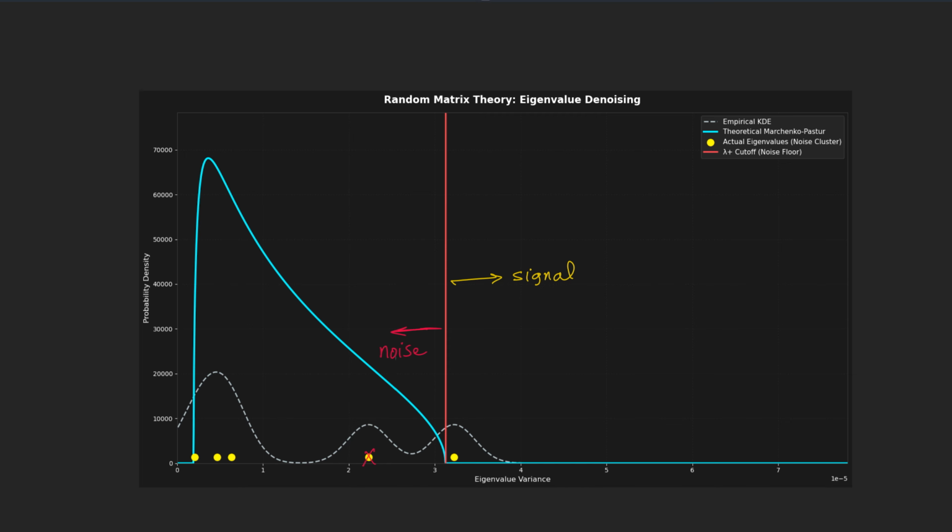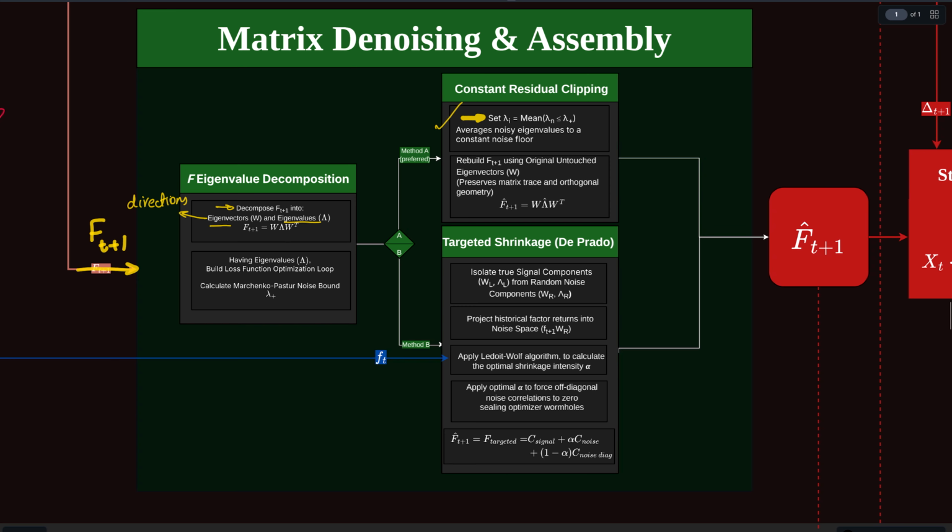So what we do here is, after calculating that Marchenko-Pastur threshold, we take all those tiny unstable eigenvalues below this threshold and we just average them out. So we're essentially flattening the noise floor. Once that's done, we rebuild the covariance matrix using those cleaned values alongside the original eigenvectors. And this final detail is extremely important.